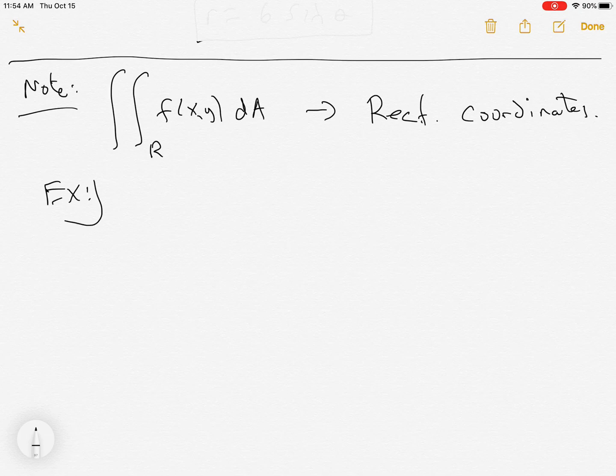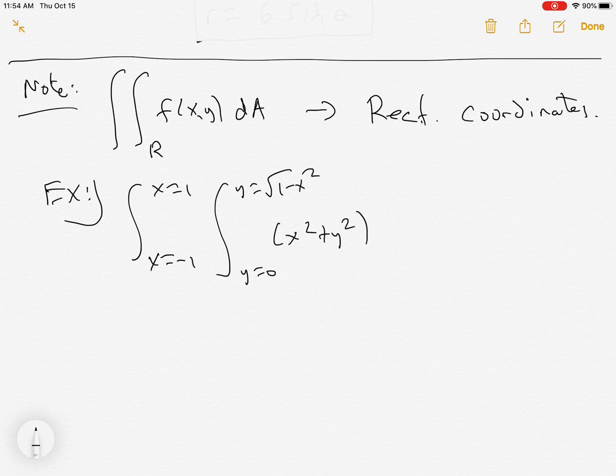Okay. So let's say we're given this guy. And so we have dy dx. And if you look at this thing, the region R is a semicircle here. So here's the region R, and this function above it is what?